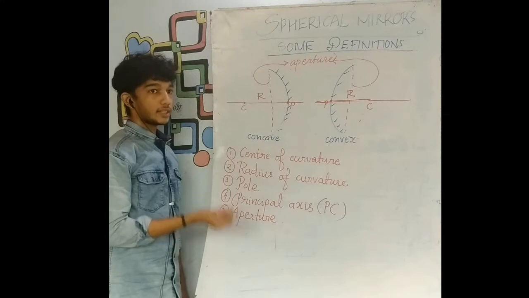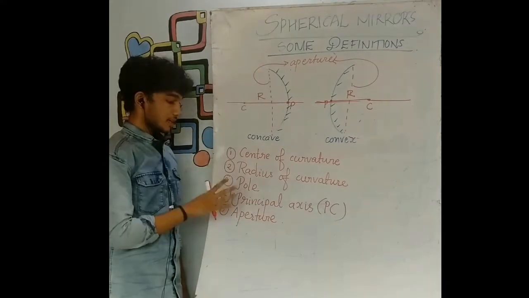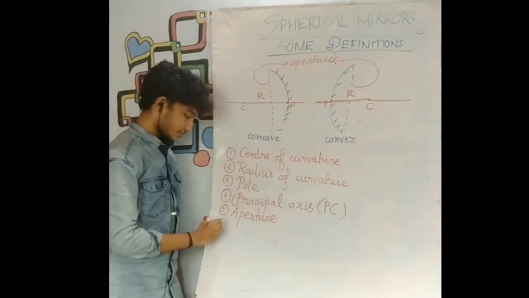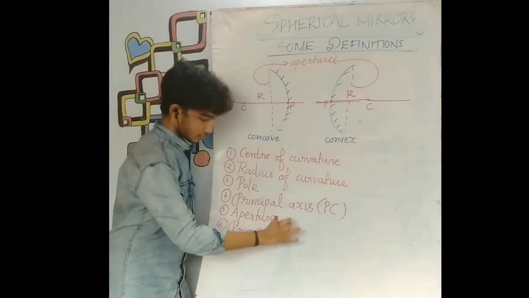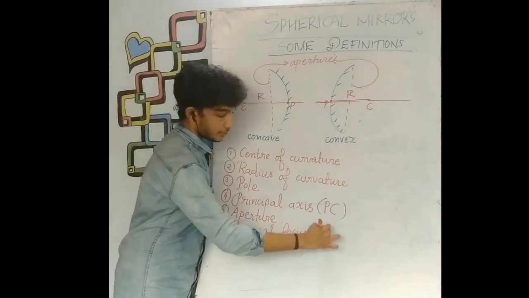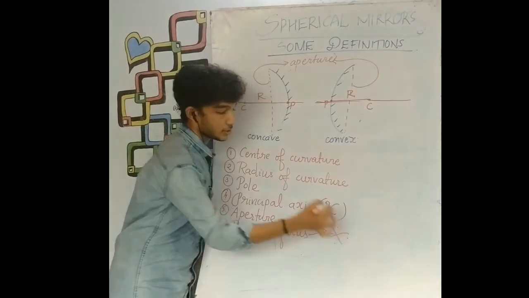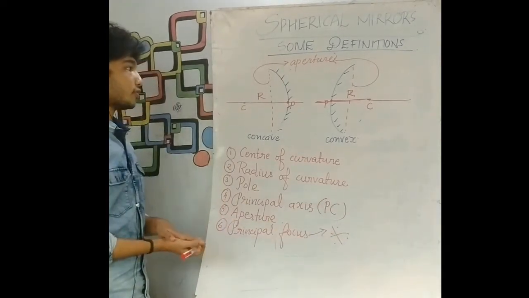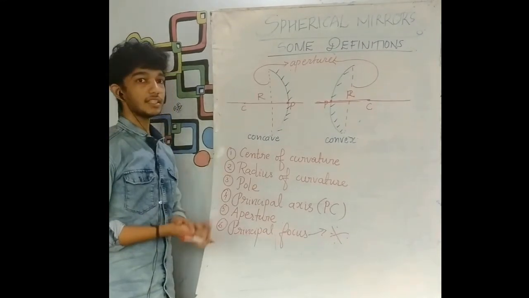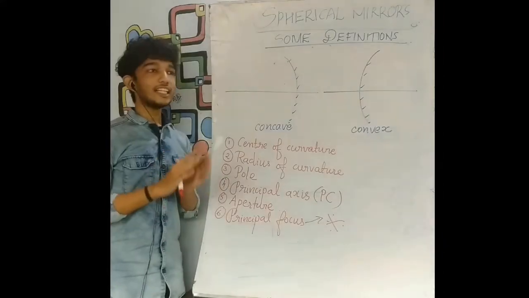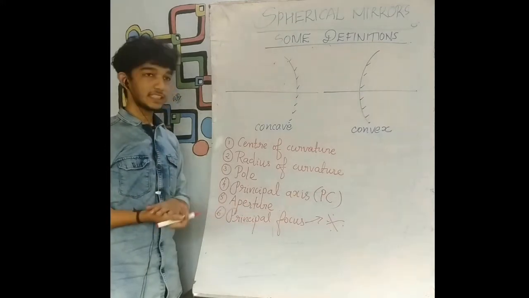Next term what I would like to introduce is principal focus. It's a very important term whose meaning should be known. For teaching you principal focus, let me redraw the diagrams. So let us now discuss what is principal focus.